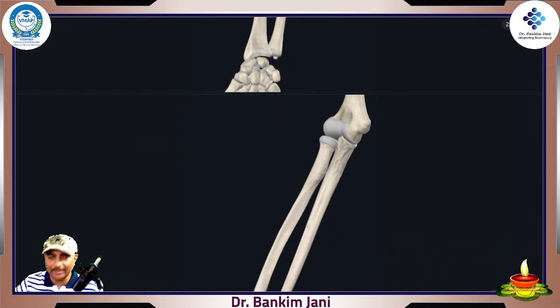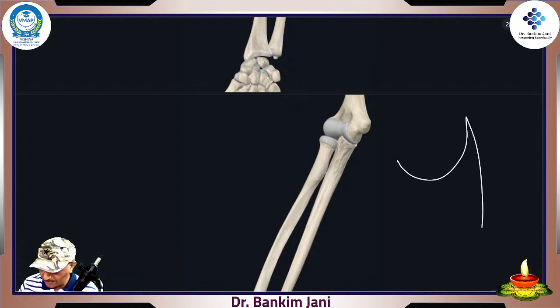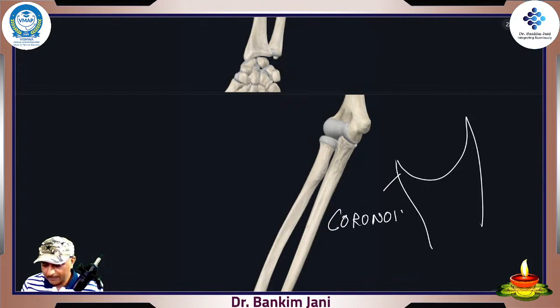See, here is how ulna looks like. Ulna has got two processes. Because it is moving on the trochlea, it is like this. The front end is called the coronoid process.